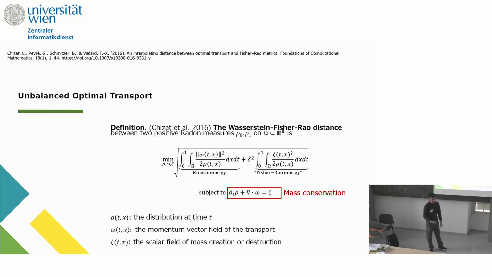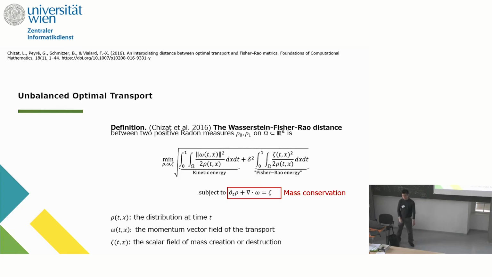So that's the snapshot that we have been discussing earlier. And omega is the momentum vector field of the transport, so it's velocity times the mass field. The last one is the scalar field of mass creation or destruction. If it's positive, we are creating mass at time t and space x, and if it's negative, we are destroying mass.